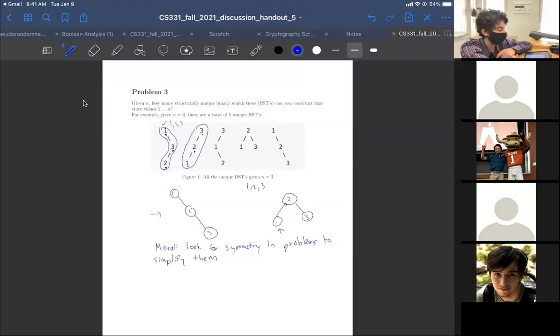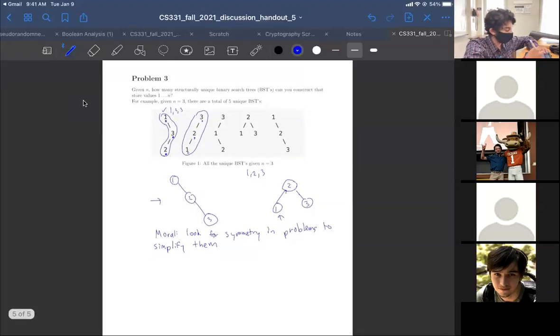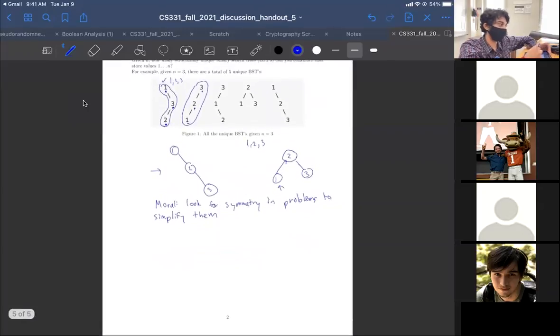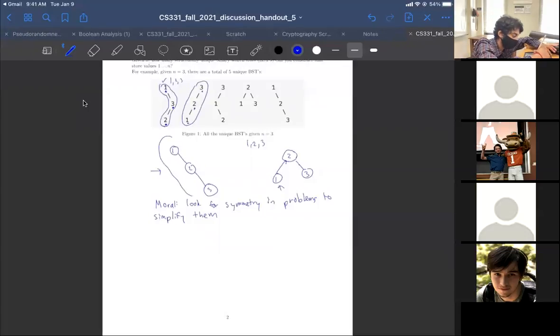Okay, so let's start talking about this one. If you have an n node binary tree, how many nodes could be in the left subtree? What is the smallest number of nodes that could be in the left subtree? None. You could have a binary tree that looks like this. There's nothing in the left subtree for this root node.